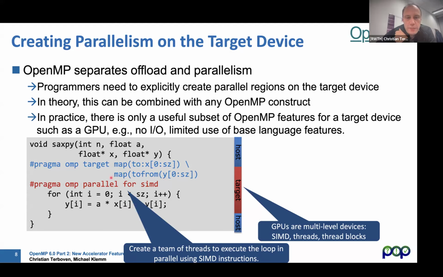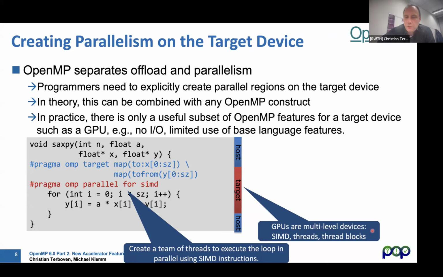And on the device, we need OpenMP constructs to express the parallelism. Depending on the device type, parallel for with or without a SIMD could be suitable, but it turned out in the past that the semantics that came with OpenMP 1 and 2 meant for multi-cores, with multi referring to not too many cores actually, were too strict to support those devices really well. And Michael will cover the loop construct for exactly this reason later on.